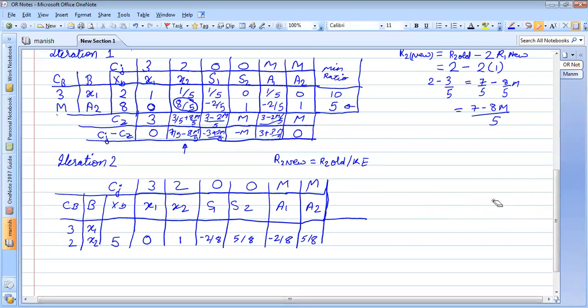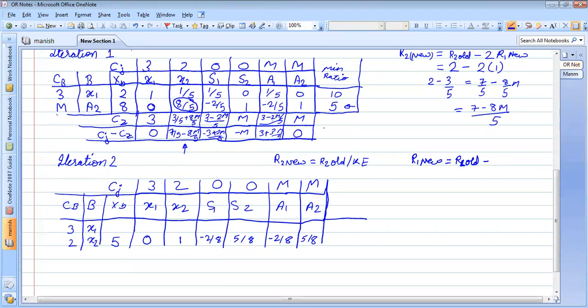Okay. So if we are clear with this, then let us proceed to the row operation. So now for the row operation, R1 new will be equal to R1 old minus... Now what I need is to make this 0.